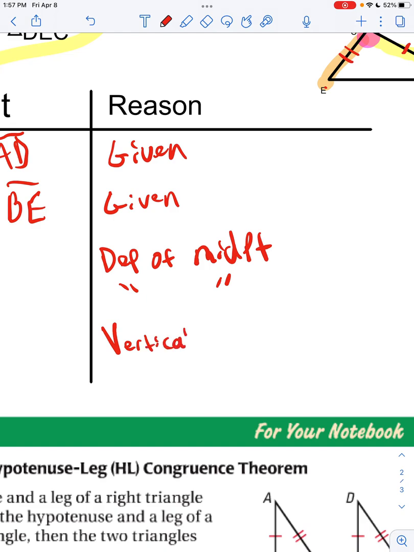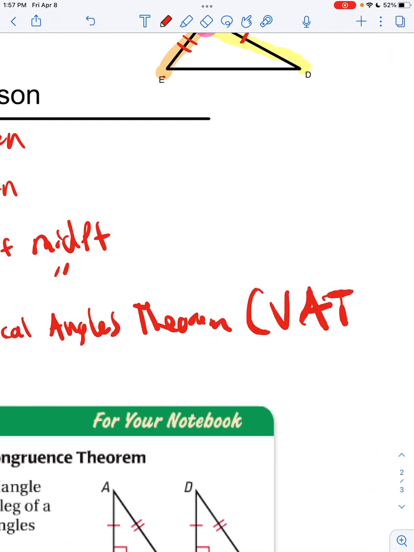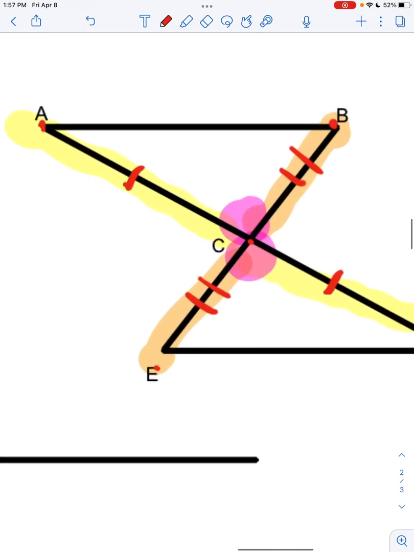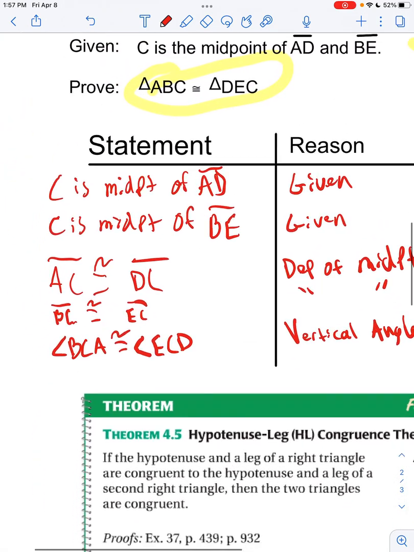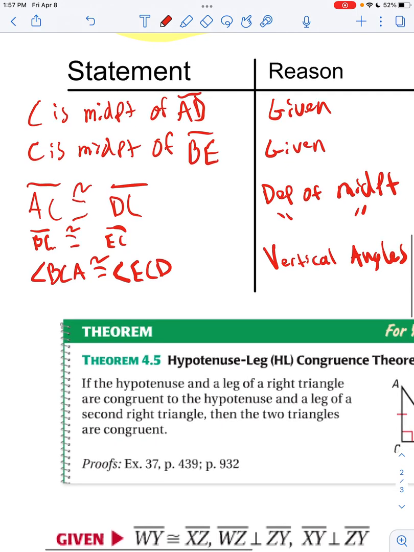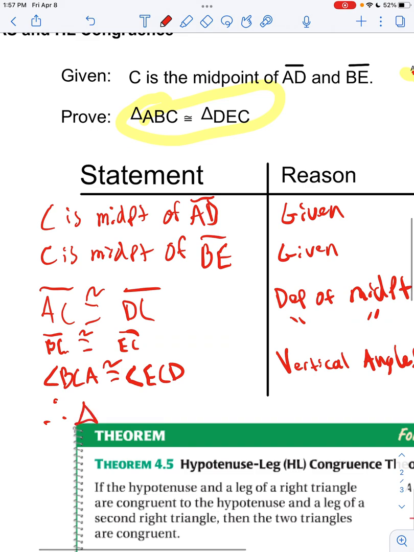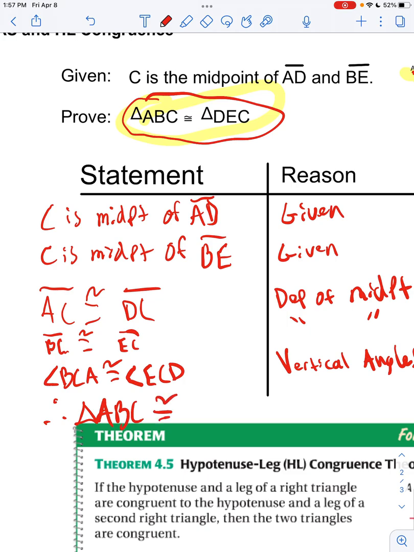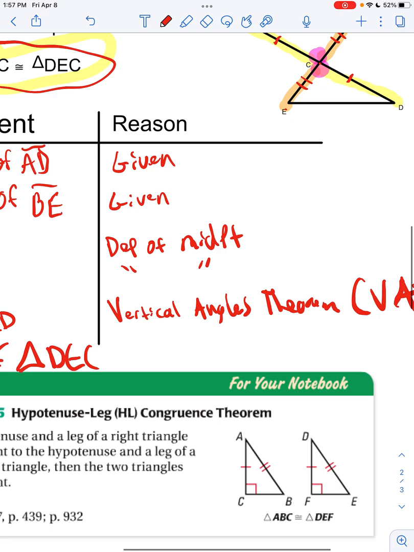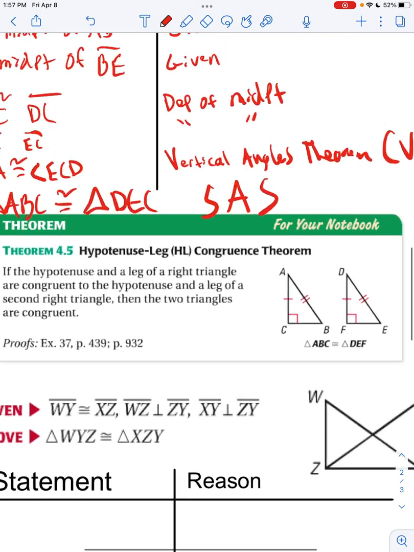We say the vertical angles theorem, which you can shorten to VAT. We know that those are congruent. So we now have enough information. We've proved two sides and one included angle are congruent. So we can say that triangle, again, just copy this. The order of the letters matters, so just copy it. And that is by the side angle side property.